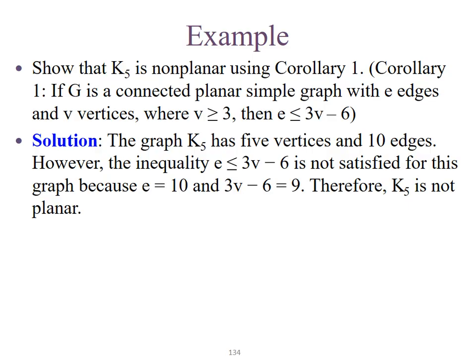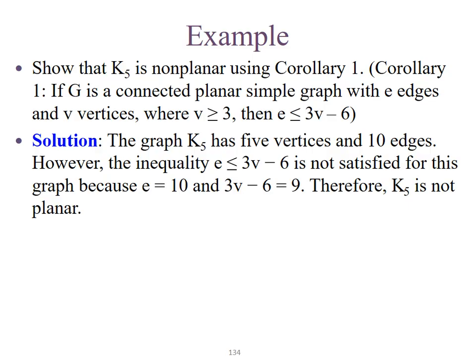So let's see how we consider K5 for this inequality. For K5, we have 5 vertices and 10 edges. So E is 10 and V is 5. So 5 times 3 minus 6 is 9.